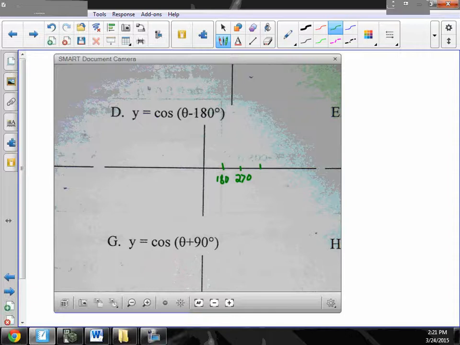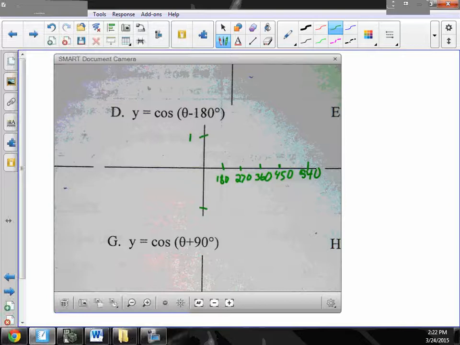And then 360, and then do you want a trick to add by 90? It's really easy. Add 100, subtract 10. 450, good job. Next one, 540. Okay? And we're bounded by 1 and -1.